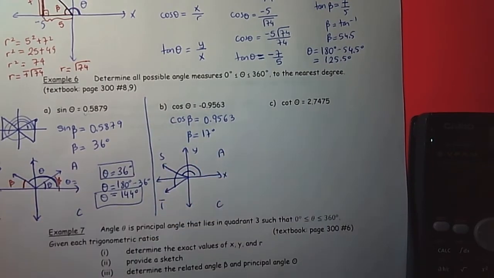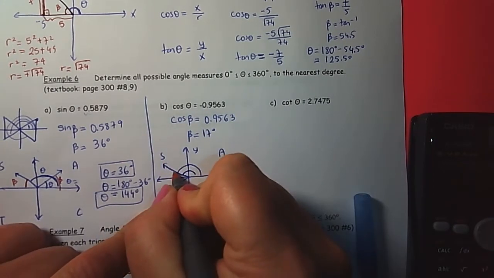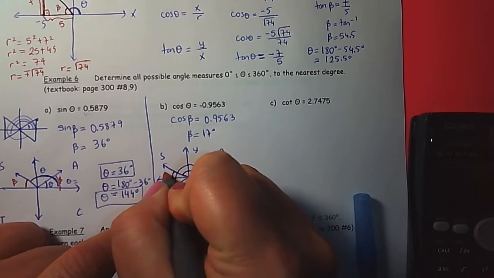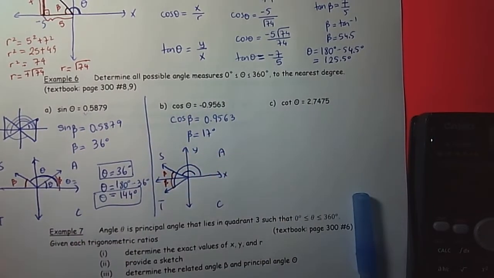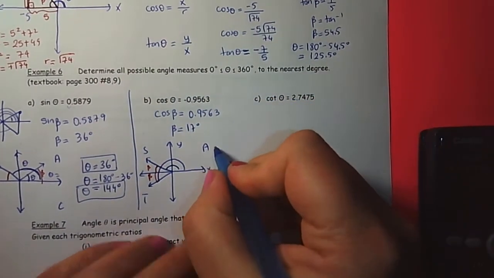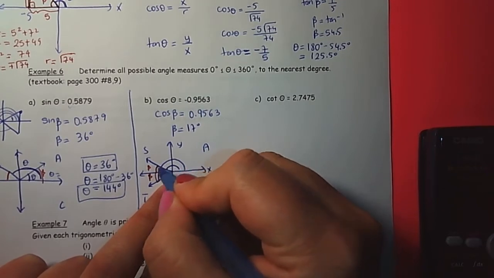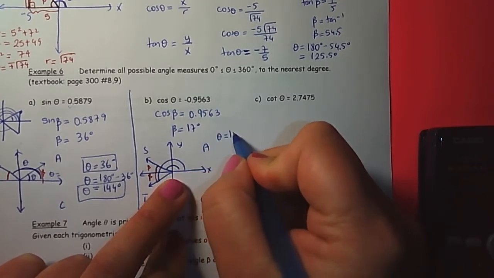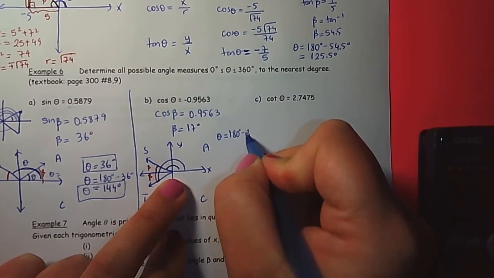Again, the betas are the angle between the terminal arm and the closest x-axis. Now if angle theta is in quadrant 2, then theta would be 180 minus beta.